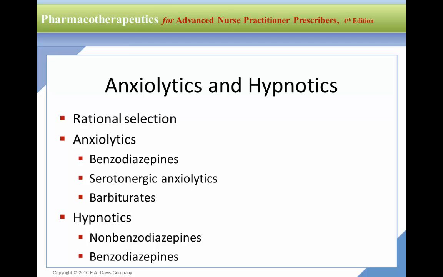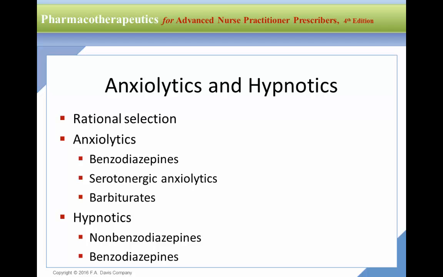So, for anxiolytics, you could use benzodiazepines, but remember the downside of benzodiazepines would be the excessive daytime sleepiness and drowsiness. Patients cannot work in environments that have hazardous machinery. They need to be focused.